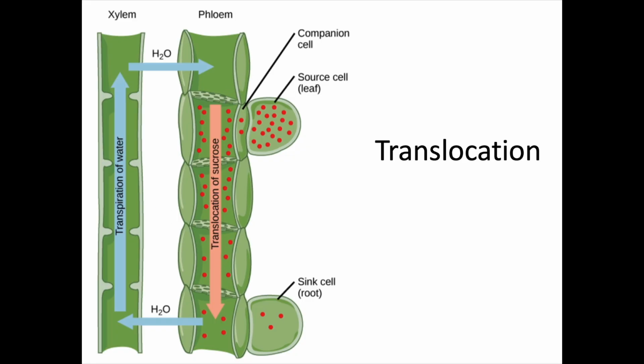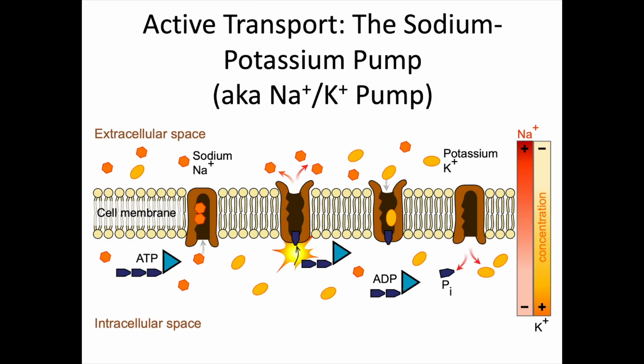So here's our process of moving photosynthates. We call this translocation. The first step here is moving these photosynthates from a source cell (looks a lot like a leaf to me), from the leaf to the phloem. This is accomplished by active transport.